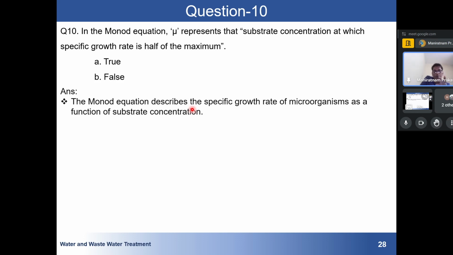That microorganism will eat those organic particles, and the organic particles will act as food for it. That is also known as substrate concentration. This microorganism's life, how it is growing, how it is dying, the population of microorganisms, all depend on the substrate concentration.